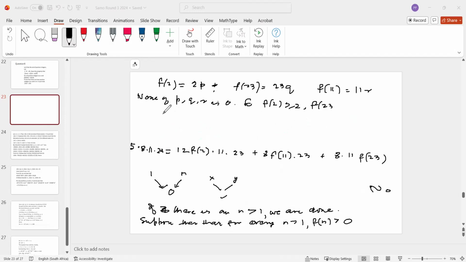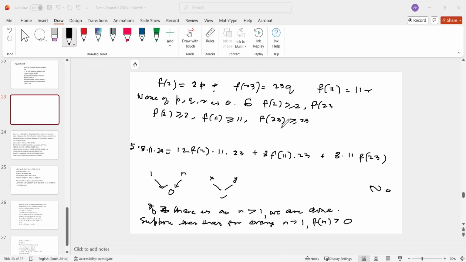So we are saying now that f of 2 is greater or equal to 2, f of 11 is greater or equal to 11, and f of 23 is greater or equal to 23, because it's equal to 23 times q, and q is not 0, so it's at least 1. So you have this.